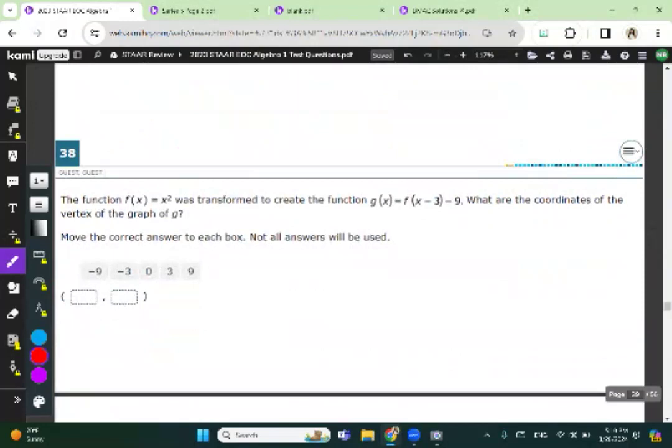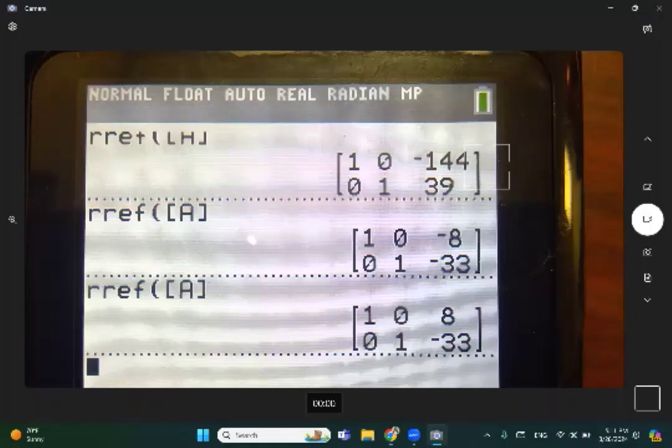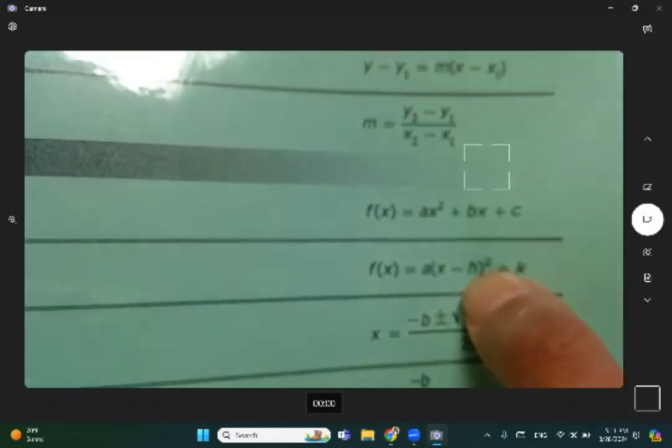This one, the function of x squared was transformed to create x minus 3 minus 9. So you can type this in, but because of the x squared, when you type this in, and if you get rid of the f, you have to type it in as x minus 3 squared minus 9 because this is in vertex form. And once again, looking back at vertex form, there is a squared.